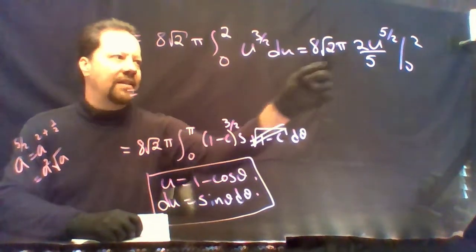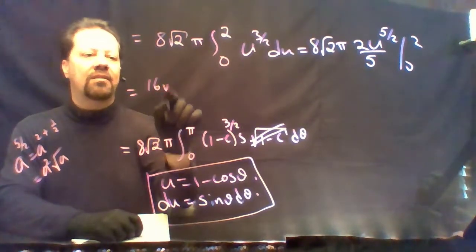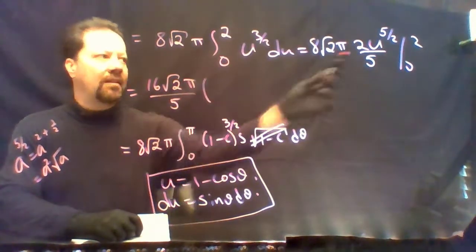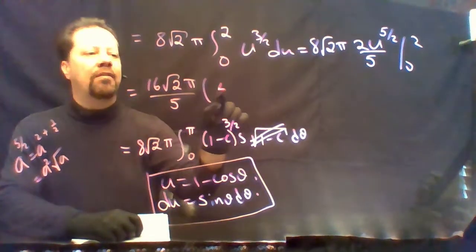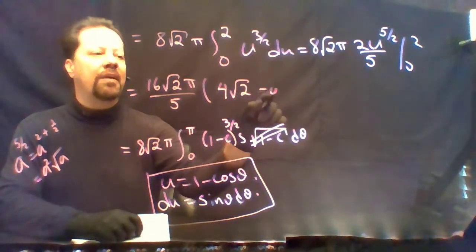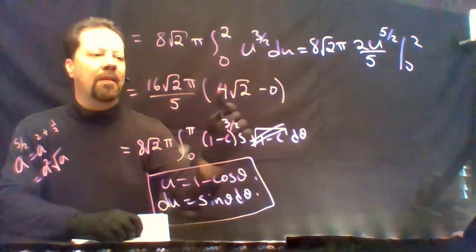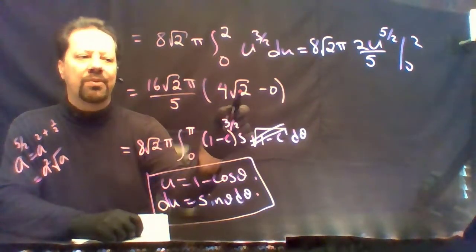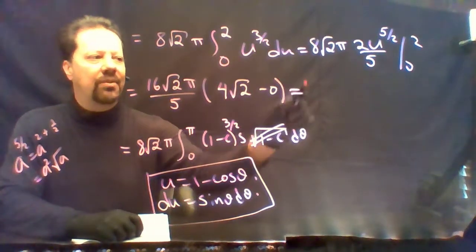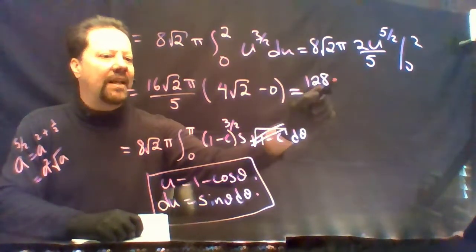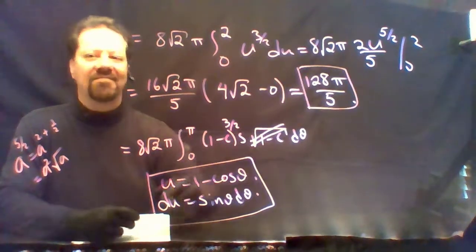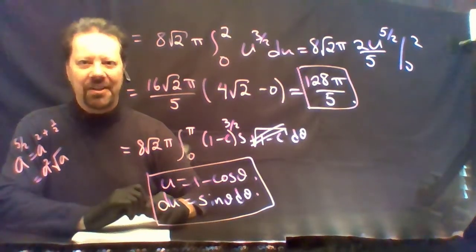So 8 times 2 is 16, root 2 pi over 5, times 4 root 2 minus 0. 4 times 16 is 64. Root 2 times root 2 is 2. So we get 128 pi over 5. And that finishes the review.